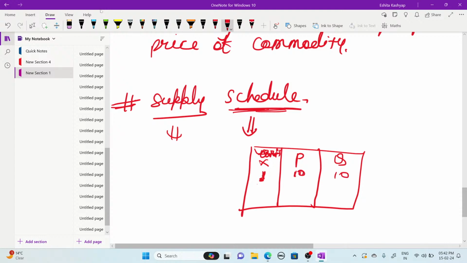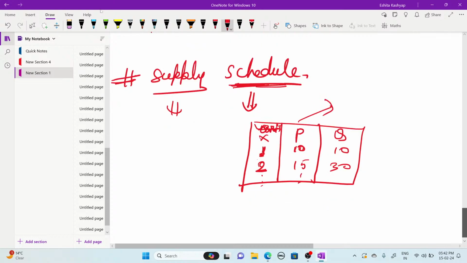And let's suppose 2 units of x at price 15, this will be something like 30, and so on. So this is the schedule, basically represented in the form of a table which shows the relationship between price and quantity. That's why we can say schedule.